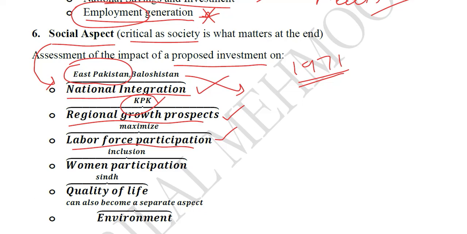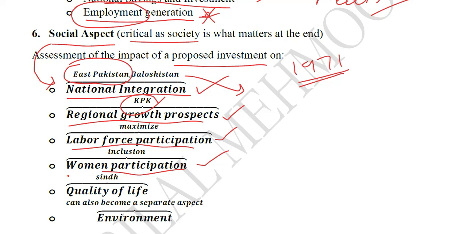Women participation is being touted recently, so this is another thing that can be positively affected when the project is being undertaken. If more women participation can take place, which is a trend these days, then definitely from the point of view of trend, it can be a more desirable thing.